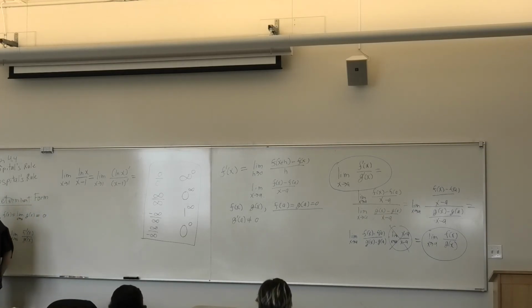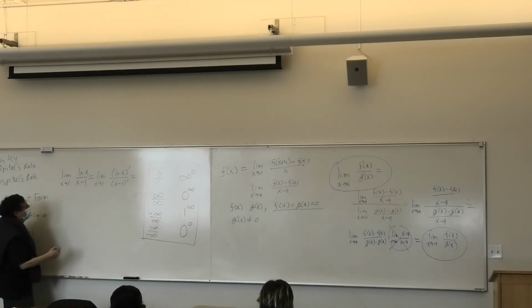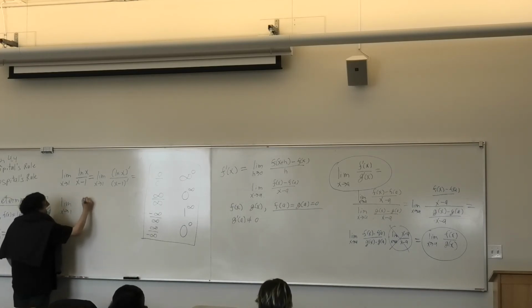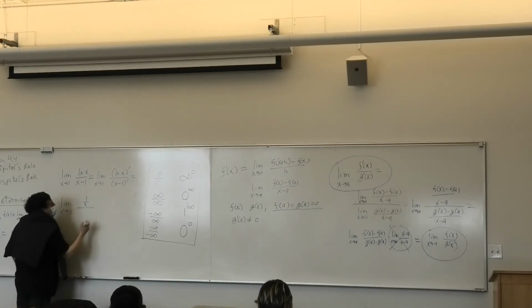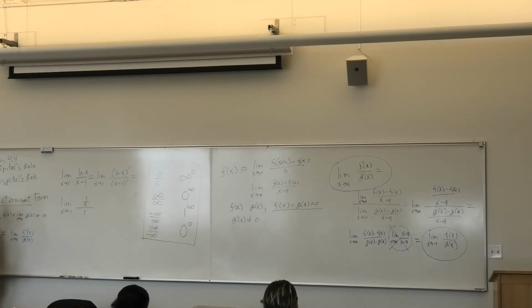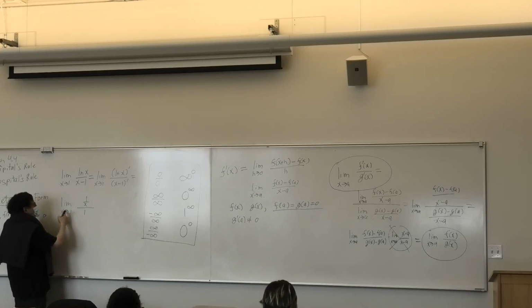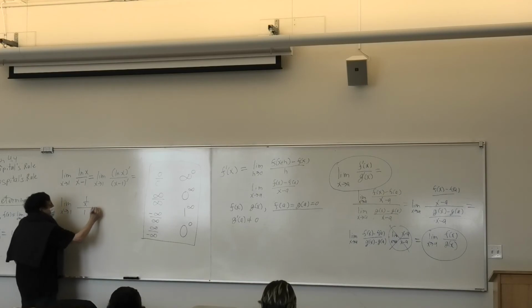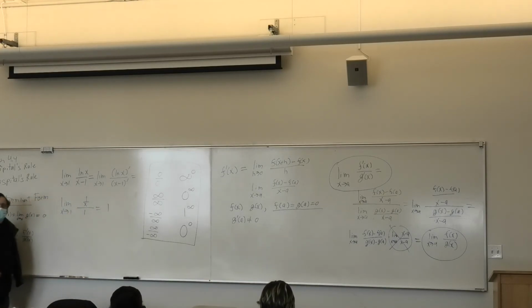Anyone? This should be on your list. Very important. 1 over x, and the derivative of x minus 1, that's just 1. So this is just the limit as x approaches 1 of 1 over x. Well, that's just 1.